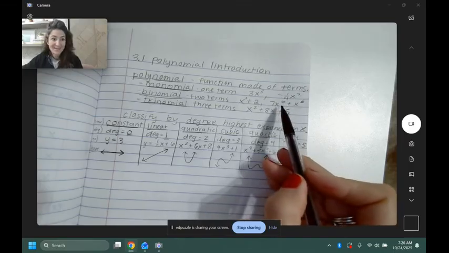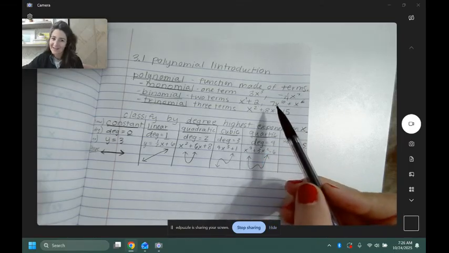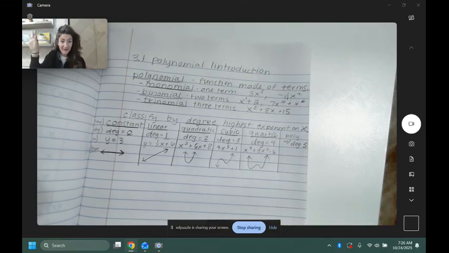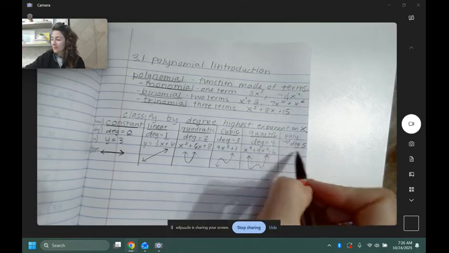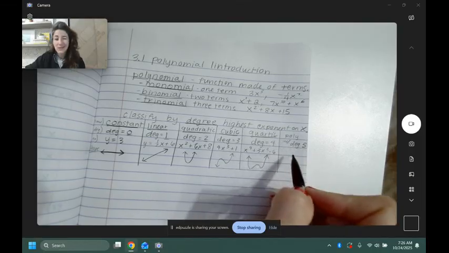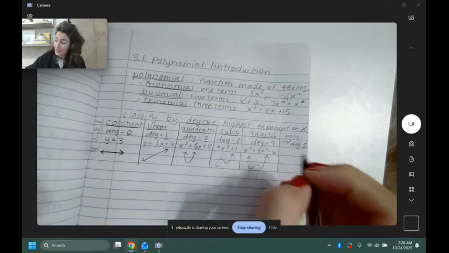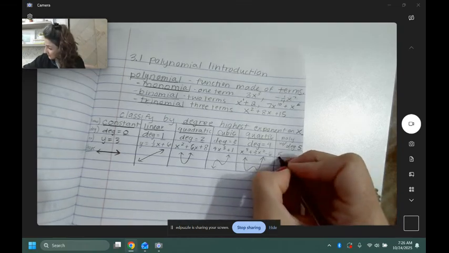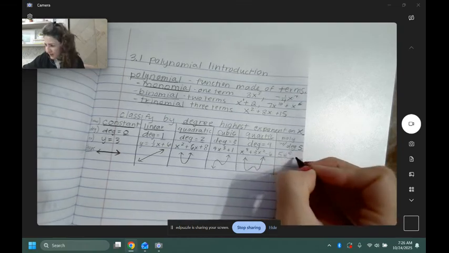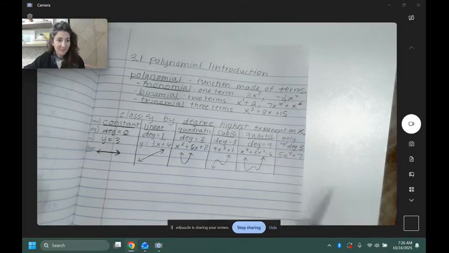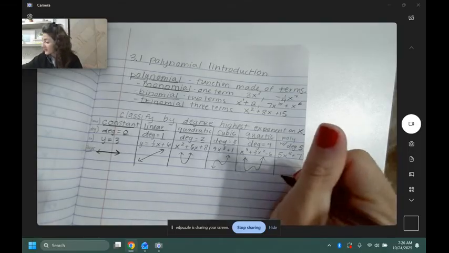Yes, there's a name, I think it's a deca, I have no idea, but beyond there, we're just not using it very often. So if I say a polynomial with a degree of 5, your highest exponent is 5, 5x to the 5th plus 7. A binomial, but the degree is 5. This graph would look something like this.